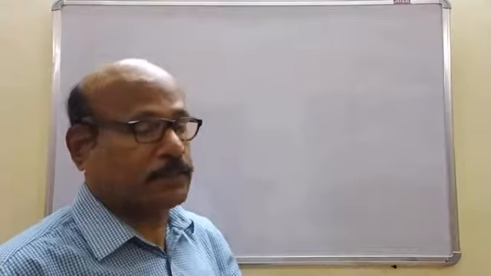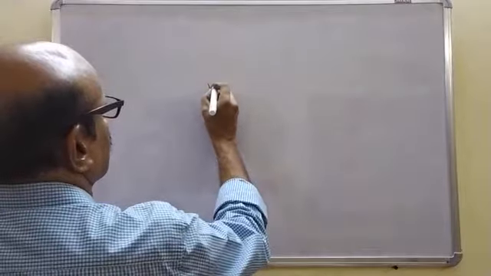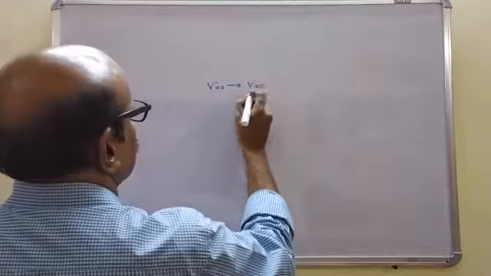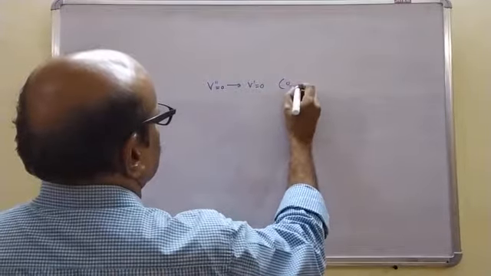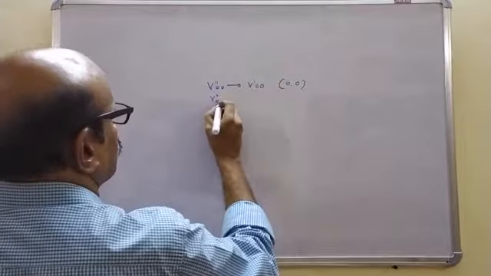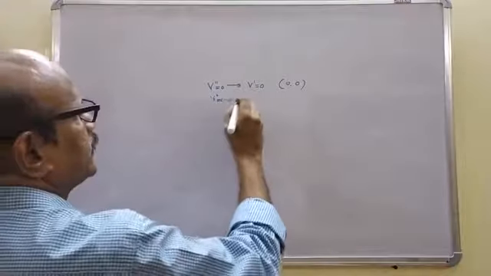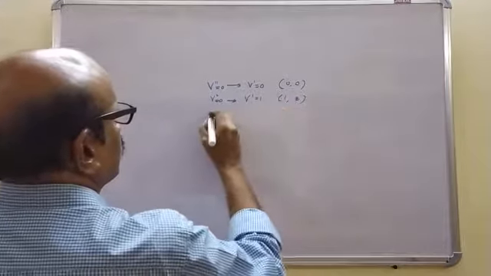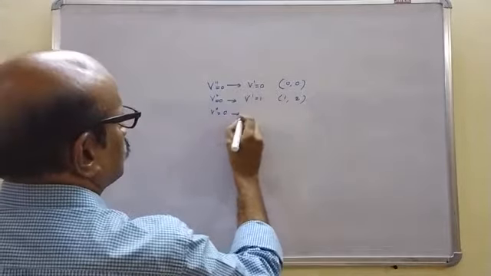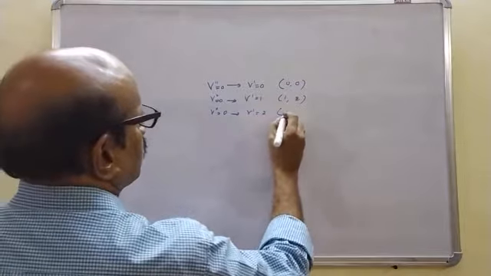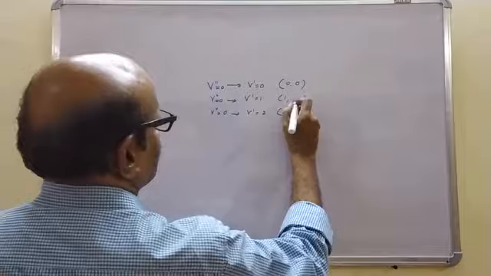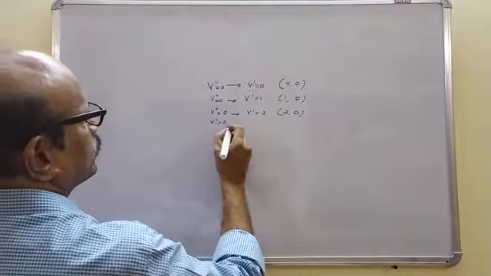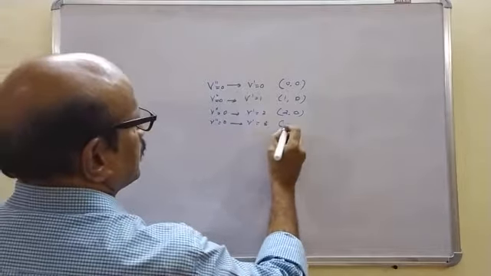Nu double dash equal to 0 to nu dash equal to 0 is represented by the 0,0 transition; to nu dash equal to 1, the 1,0 transition; to nu dash equal to 2, the 2,0 transition; and to nu dash equal to 3, the 3,0 transition.